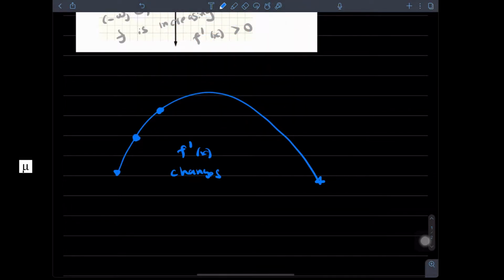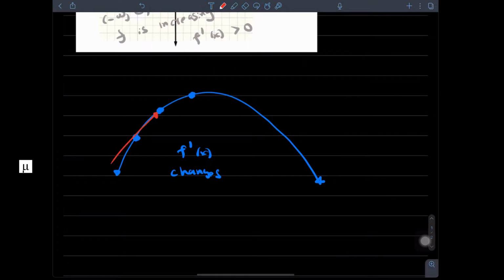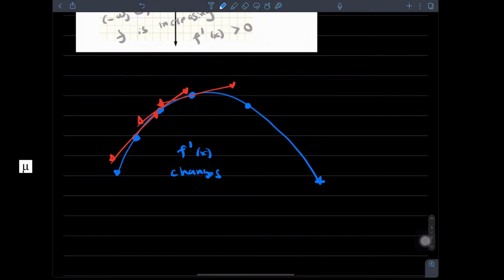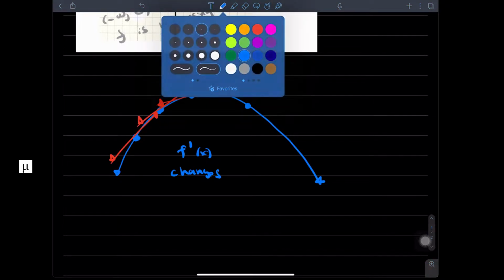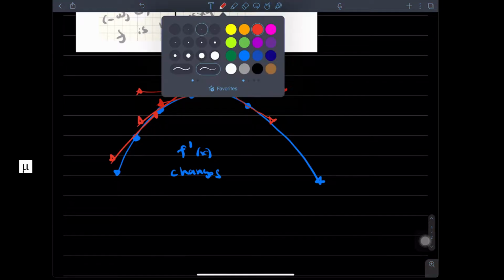For every point on that curve, you have a tangent line. And I want you guys to notice something about that tangent line. You may get 0 again, but what's the story here? As you go left to right, what do you guys notice about the tangent line?